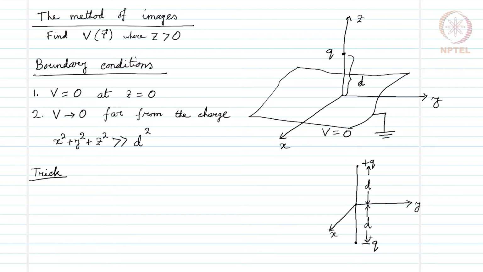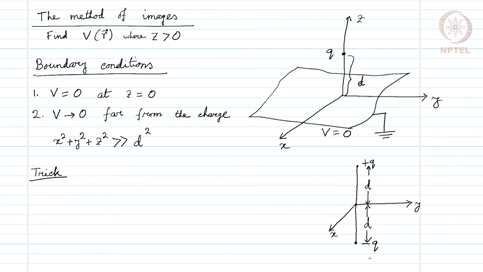If we consider this arrangement, what are we going to have? Do we have both boundary conditions satisfied? The potential on the xy plane is going to be 0 because of the arrangement of plus q and minus q point charges, at a separation d from the origin on the same line, that is the z axis.